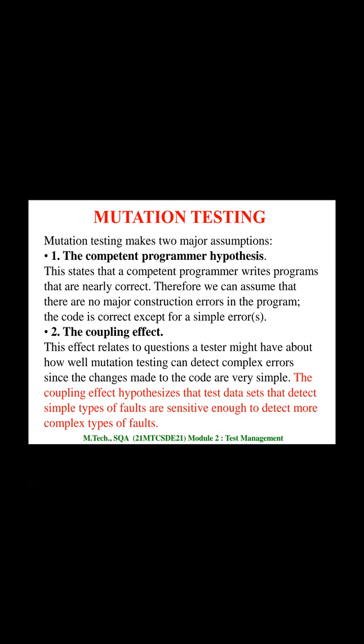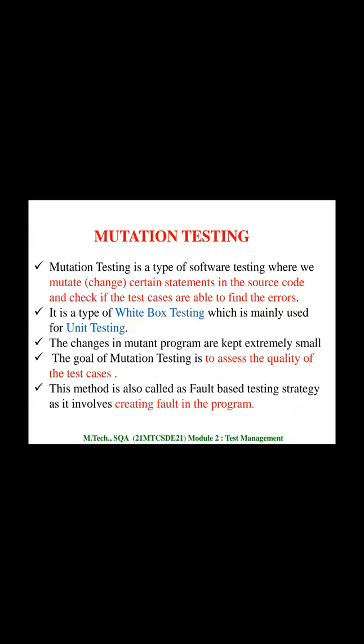The coupling effect hypothesis says that test data sets that detect simple types of faults are sensitive enough to detect more complex types of faults. So by using mutation testing, we can identify the complex errors more easily than the simple errors. So based on the assumptions, what does mutation testing mean? It is a type of software testing where we mutate or change the statements of the source code and check for the errors hidden in the program.